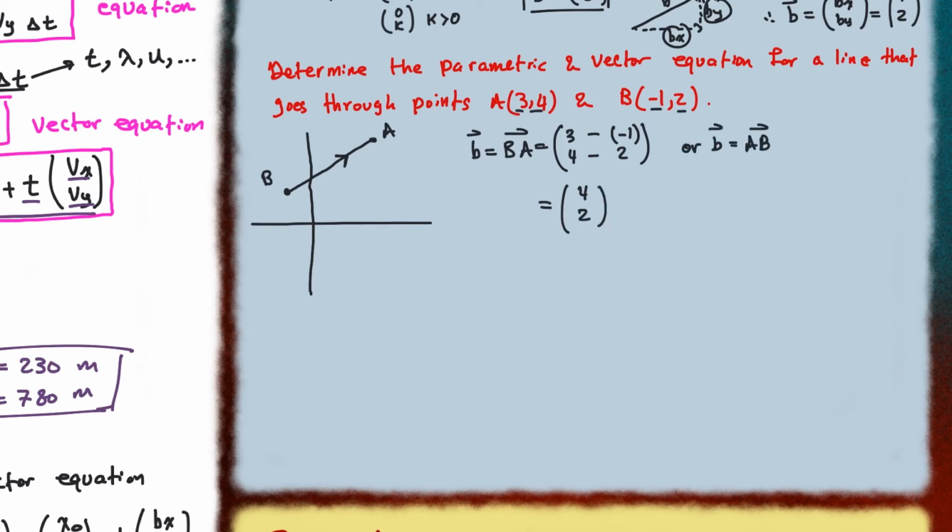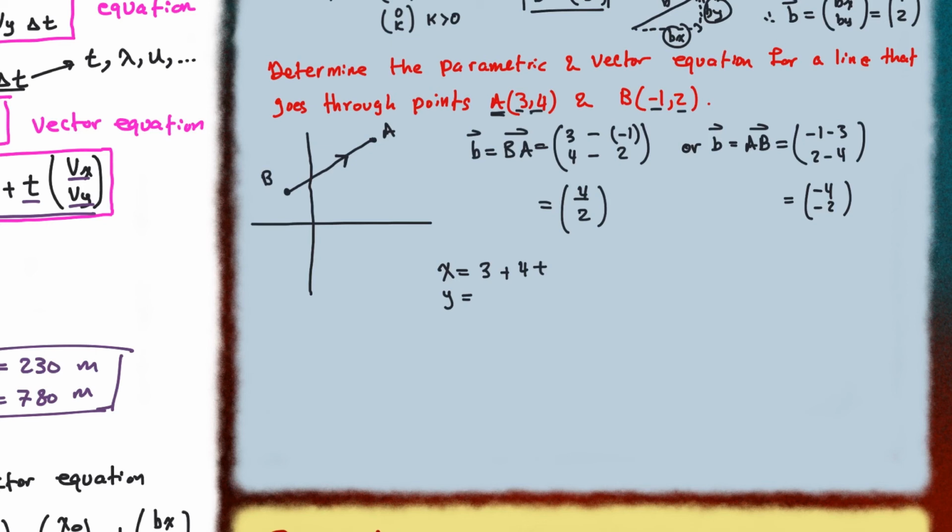If we choose our direction vector to be AB, then we will take all the coordinates of point B and subtract them by A, getting -4 and -2. For our parametric equation, the x component of any point is going to equal the x component of a particular point. Let's choose point A's x component, 3, plus t multiplied by the x component of our direction vector, in this case 4.